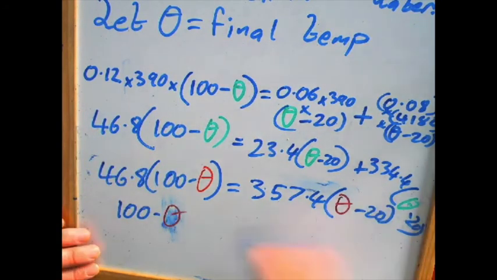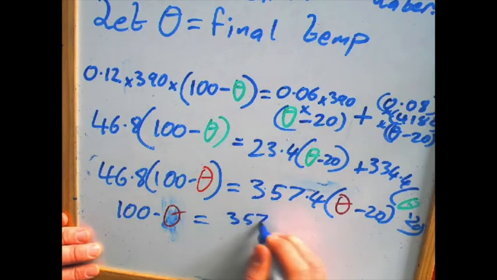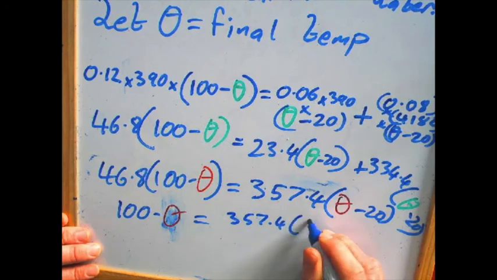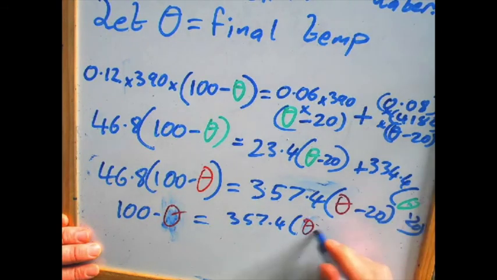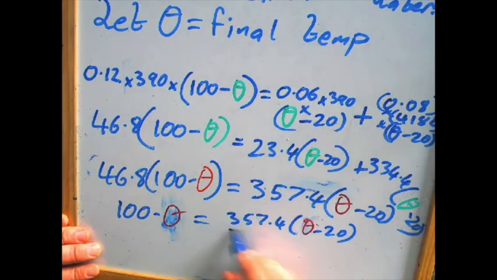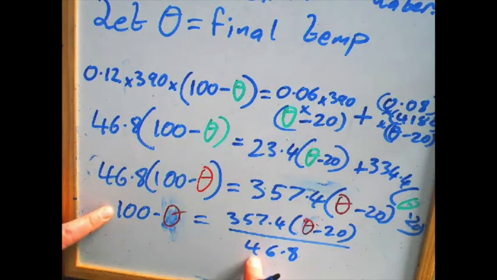Okay, now I know that looks a bit messy, but we're almost there. So next, I'm going to bring this 46.8 across. Now, by the way, you may have done this a different way with the algebra. That's absolutely fine. All roads lead to Rome here, as long as you're careful. I say that before making a mistake, probably. So 100 minus theta on this side is equal to this side divided by 46.8.